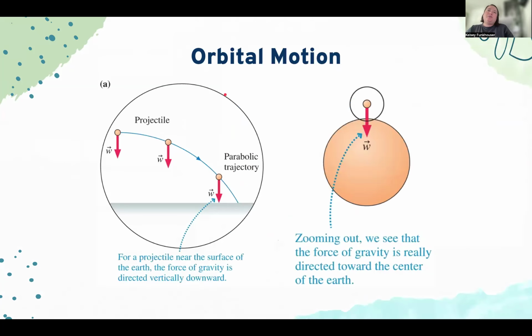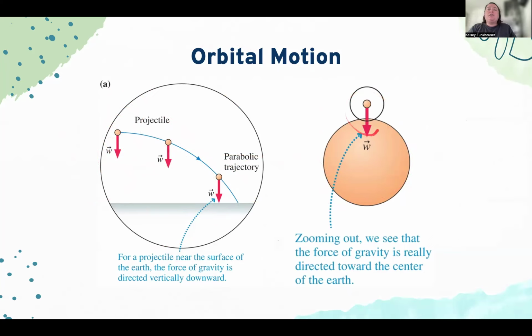So in orbital motion, just like with projectile motion, throughout its entire trajectory, the weight force and acceleration due to gravity is directed down the whole time toward the center of the planet. The same thing is true as when we zoom out toward orbital motion.